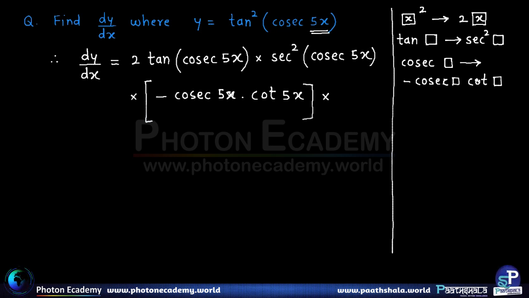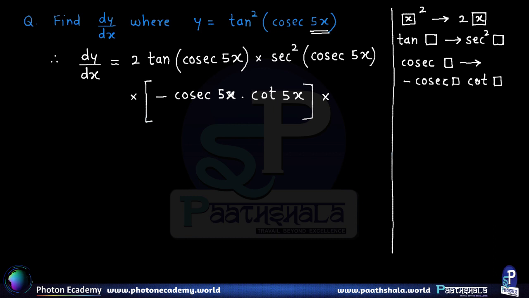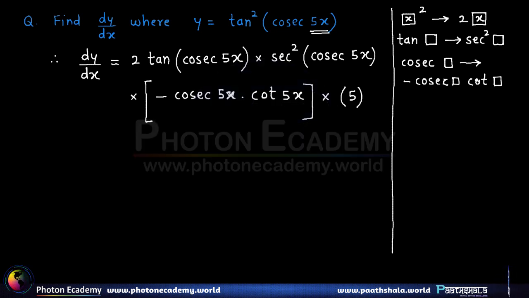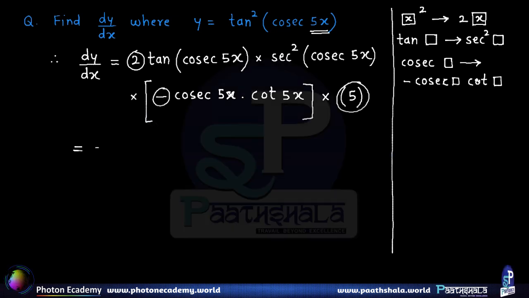So we multiply with the derivative of 5x, which is simply 5, because 5 is a real constant, so it comes out as a multiplier, and the derivative of x is equal to 1. In this way, we have used the chain rule in a single line. We can of course simplify this further: 2 multiplied by 5 gives us 10, and with the minus sign, that gives us minus 10.